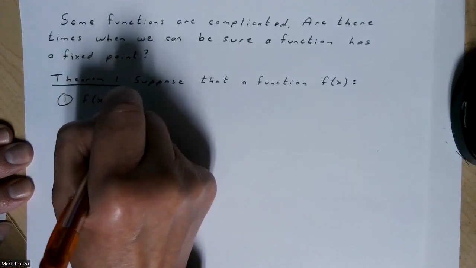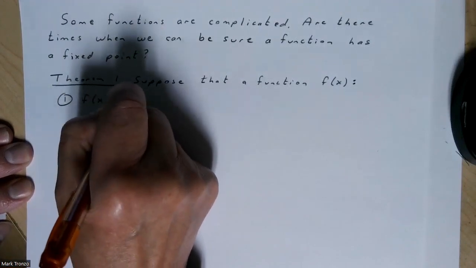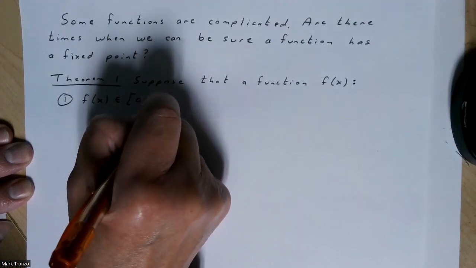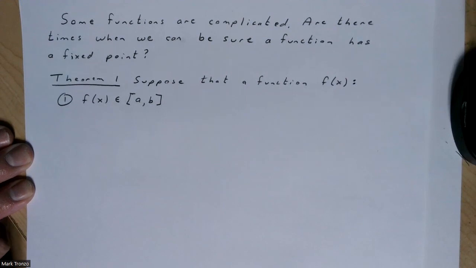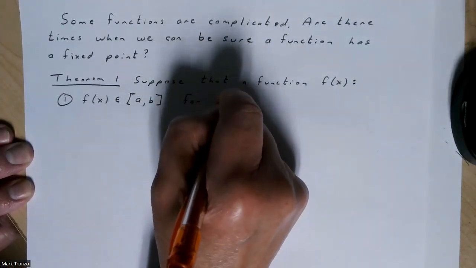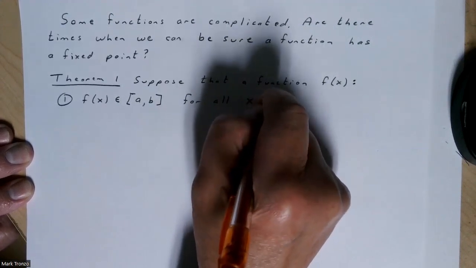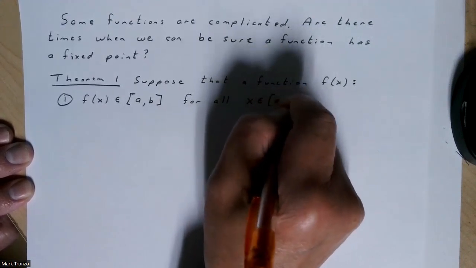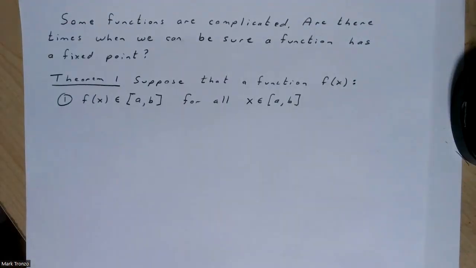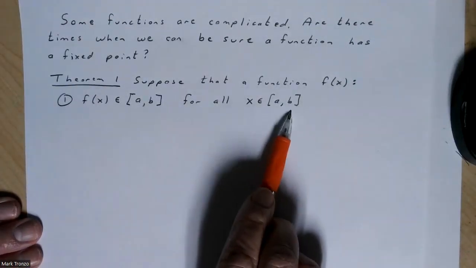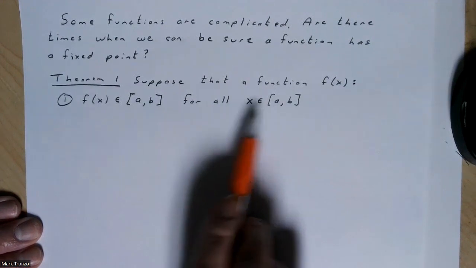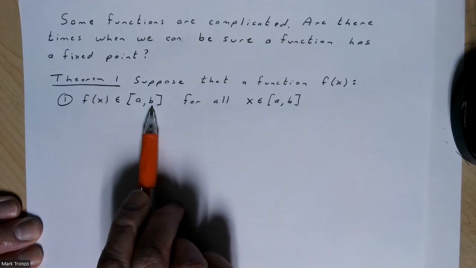F of x, in other words, the output is in the interval AB for all x in AB. So in other words, the function is such that when you put these input values from A to B, the output is also in the range A to B.